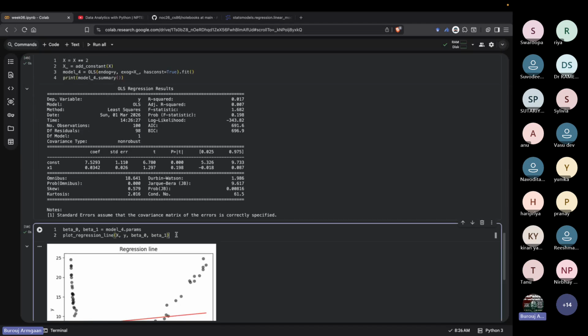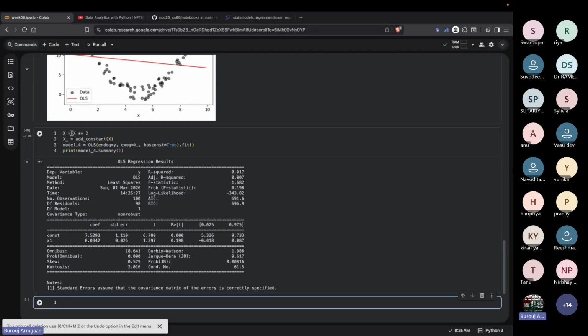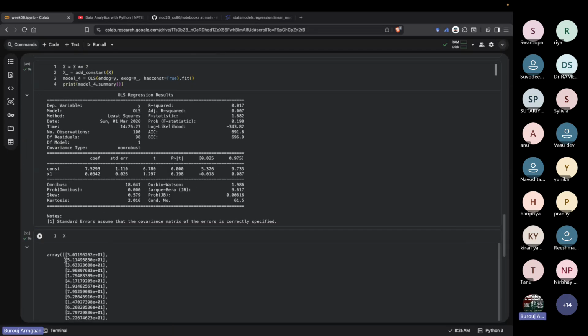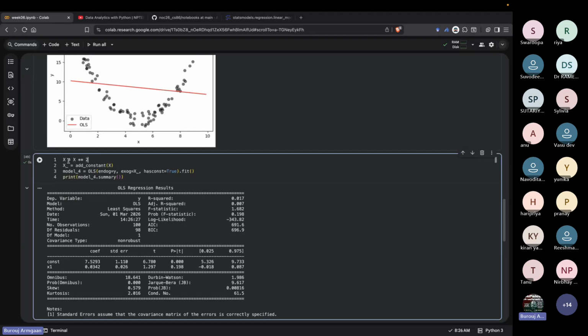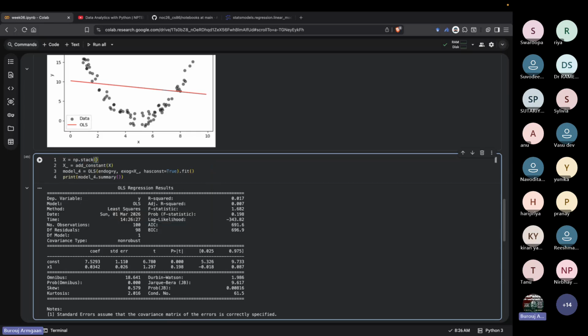No. So essentially we need an extra column in that case. The idea is that you have your x like this, right? So you need an extra column which will contain the square terms. So maybe we can do np.stack.